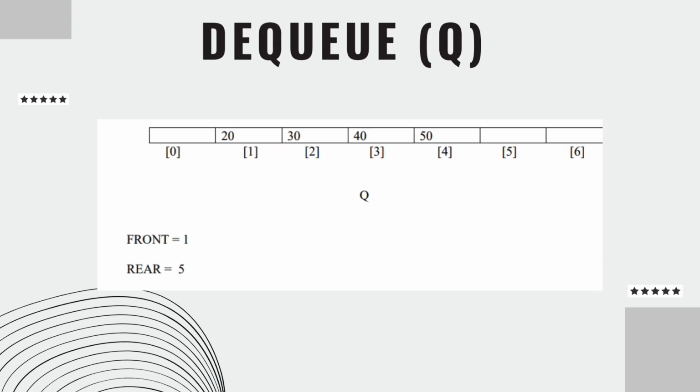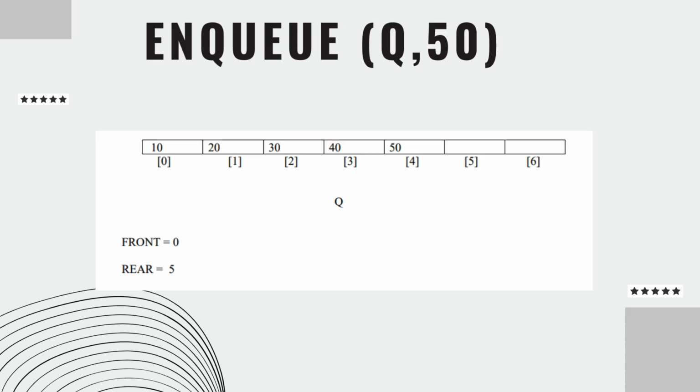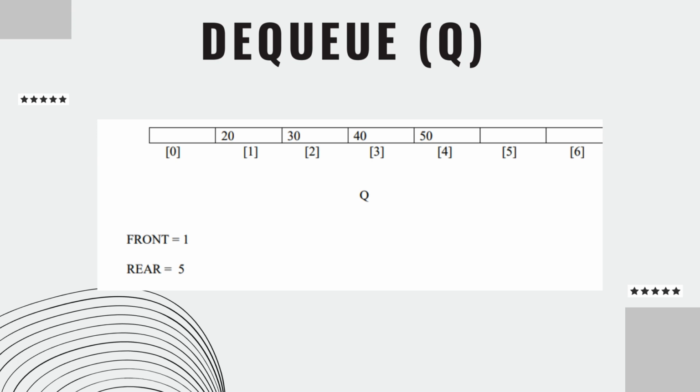Okay, now we DQ, which is we delete a value. If we delete a value, we should not delete from the back. We should delete from the front. So if we delete from the front, the 0 will be remaining an empty box, and the other values would remain in the boxes that they were in.